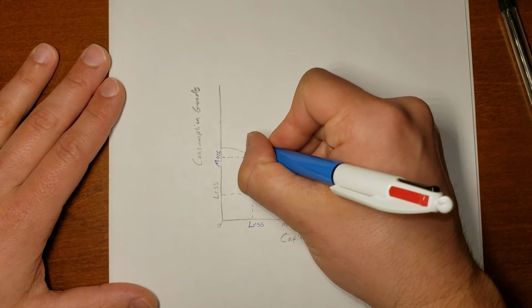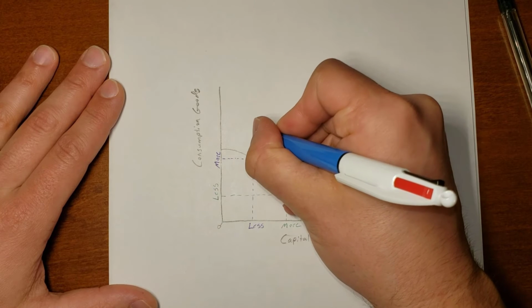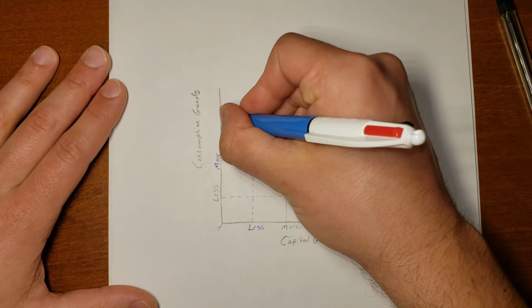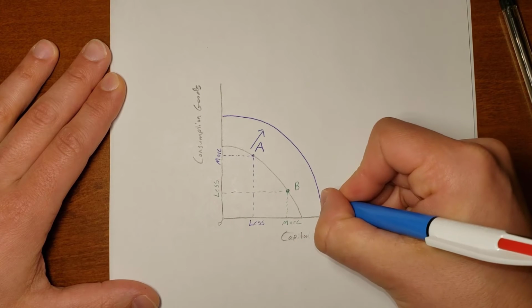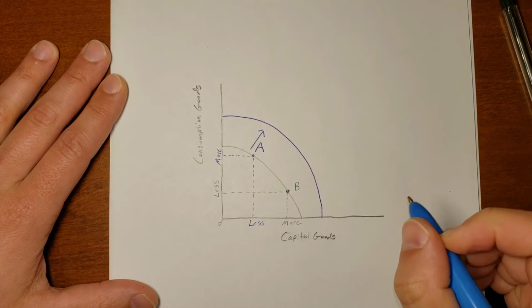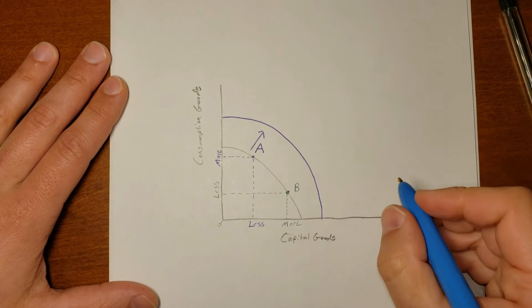So what we might see is some degree of economic growth. And the economic growth might look something like this. That's good, right? So you're seeing growth, and that's good.